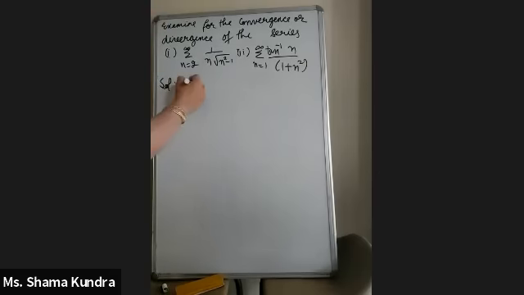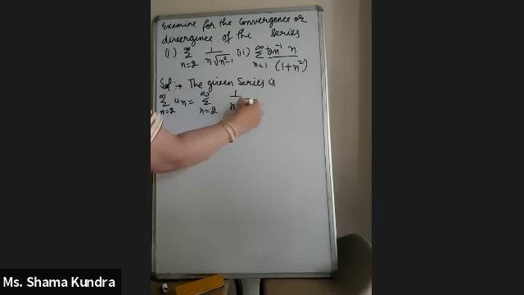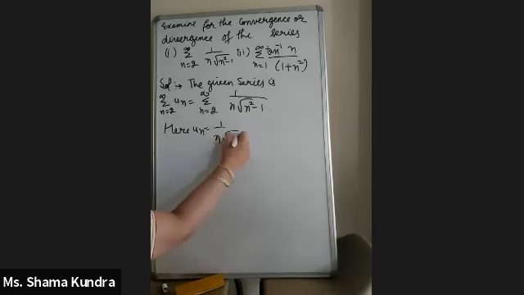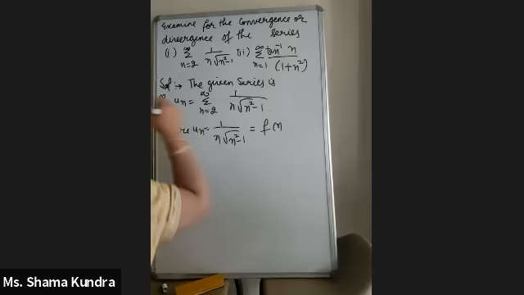the first part. Here un is, we have to suppose it as f of n.